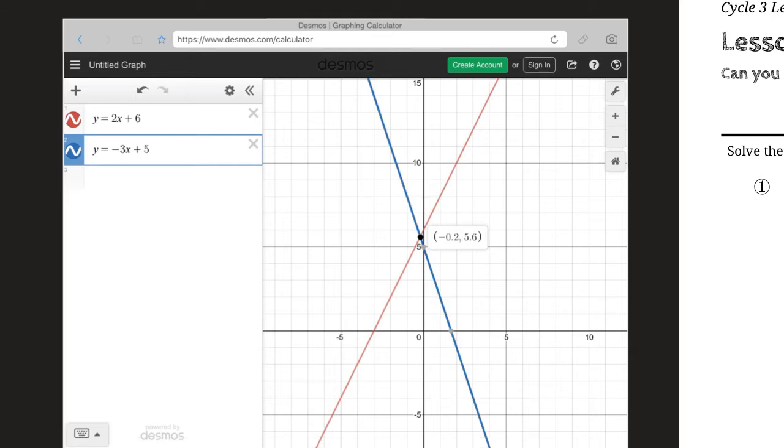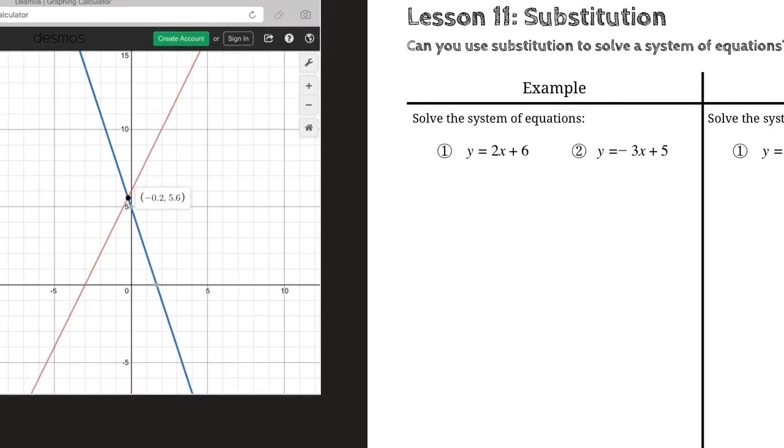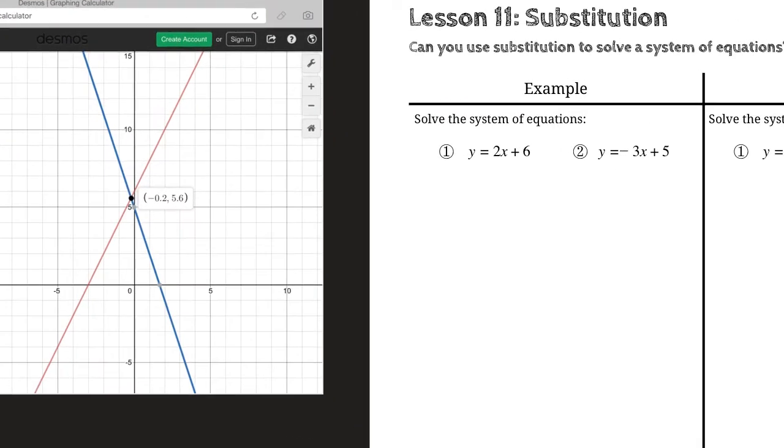That is the point where they cross. So negative 0.2 and 5.6, that seems to be the solution. So how could we do this algebraically without having to graph it? Because if you tried to graph that by hand, it would be very difficult to get an exact answer, right? So that's what we're going to do. We're going to do this algebraically and try to get an exact answer.